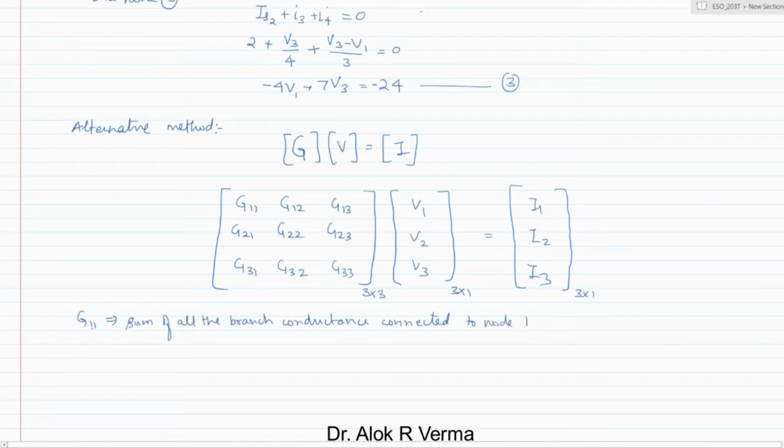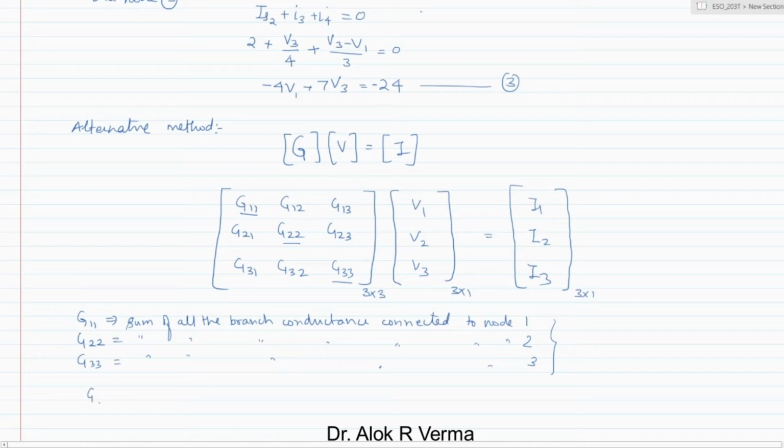Similarly, G22 is the sum of all the conductances connected to node 2, and G33 is the sum of all the conductances connected to node 3. So these are the diagonal terms: G11, G22 and G33.